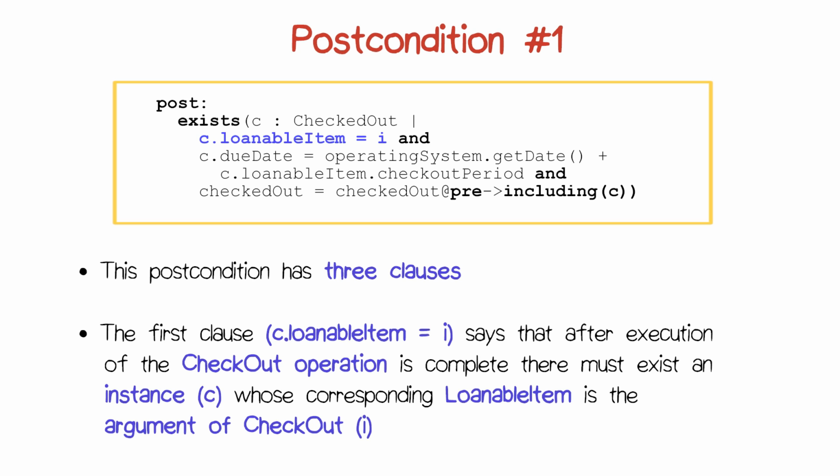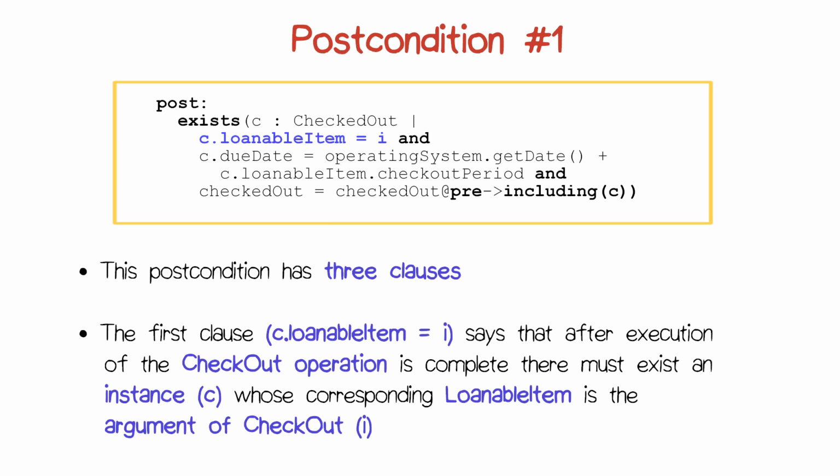So it's as if we are constructing a new set, which is the old set, plus this one new checked out link, which we've given the name C. So we have the checked out afterwards is equal to the checked out before and this one other item which we've just added. And that's what's being expressed on the bottom line there.